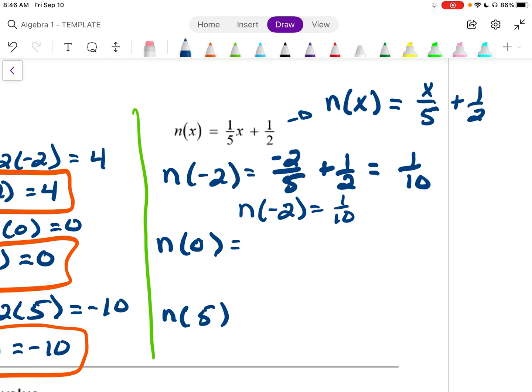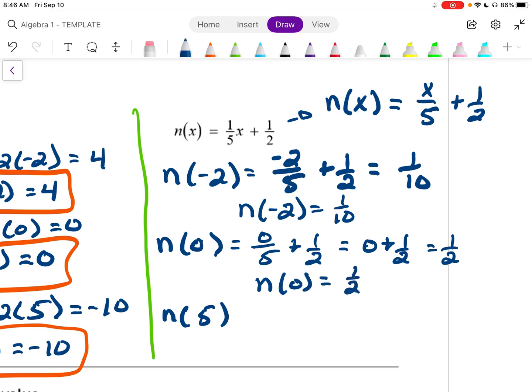For 0, I'm going to have 0 over 5 plus 1/2. Well, that's the same thing as 0 plus 1/2, which is 1/2. So n of 0 is 1/2. Next up for 5, I'm going to have 5 over 5 plus 1/2.